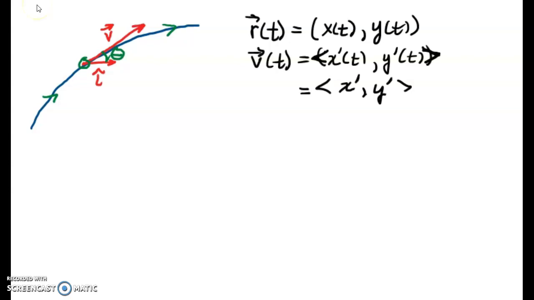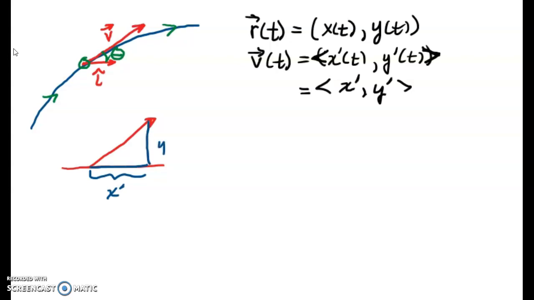Okay, so here's v. Here's the horizontal. And I'm going to draw a couple of other vectors. I'm going to draw x prime and y prime specifically in this picture. So here's x prime, that's the horizontal component of velocity.